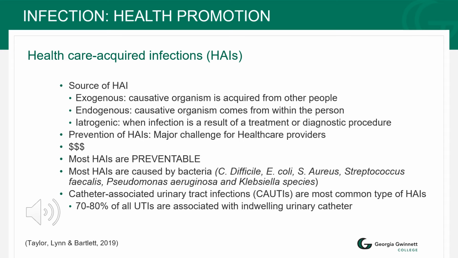We all have normal flora and different bacteria within our own bodies. So those are just distinguishing factors of the healthcare infections. Iatrogenic is also a term that we use that means an infection that is a result of a treatment or a diagnostic procedure.